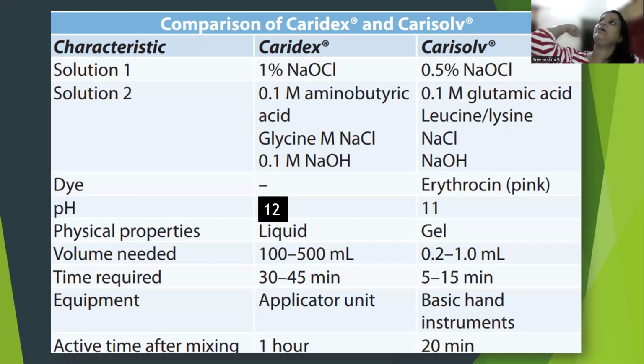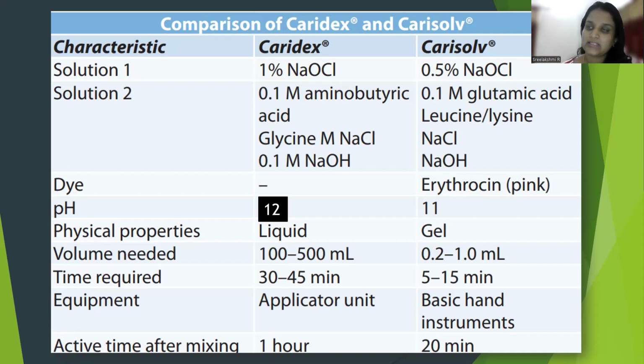Solution 2: in the case of Kdx, only one amino acid was present, that is amino butyric acid. Now it has leucine, lysine, and glutamic acid along with the sodium hypochlorite and sodium chloride. There is also a dye present in the case of Kdisol, that is erythrosine, and the pH was found to be 12 and 11.